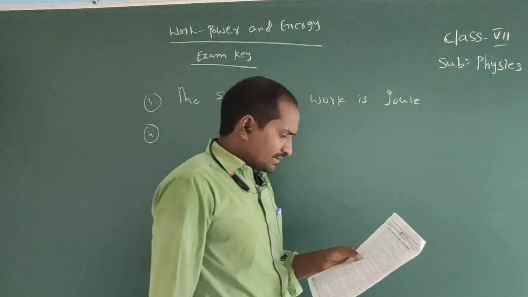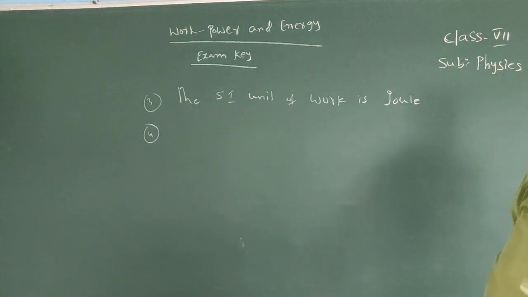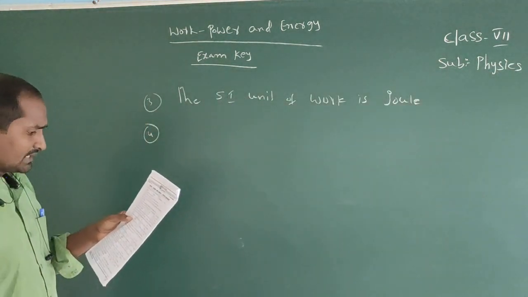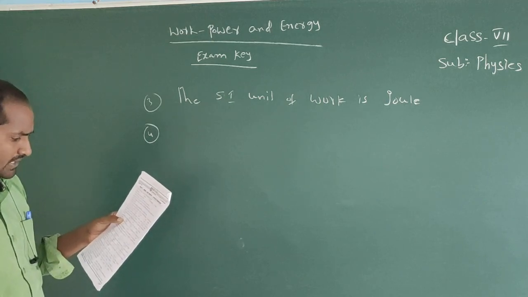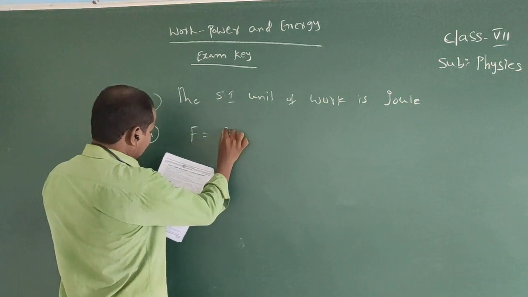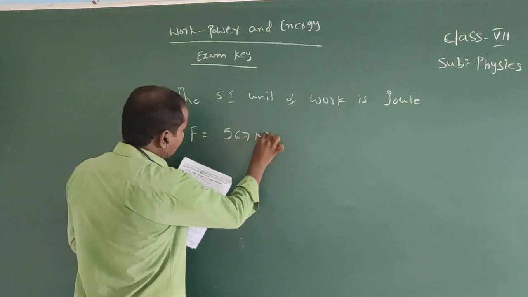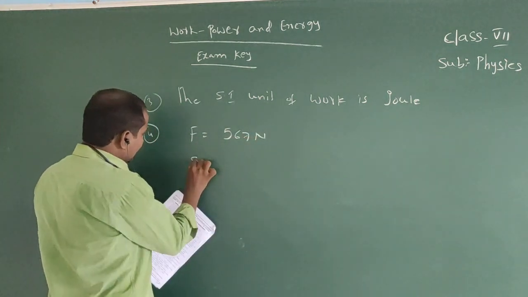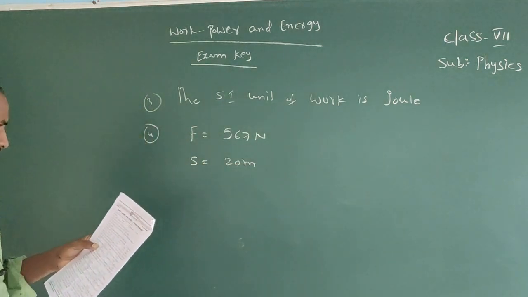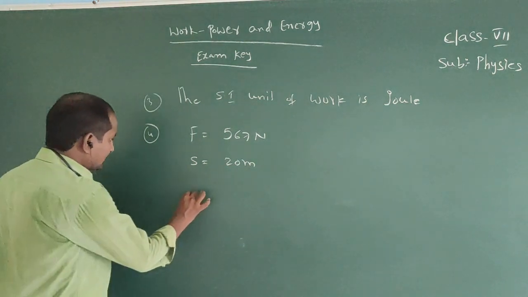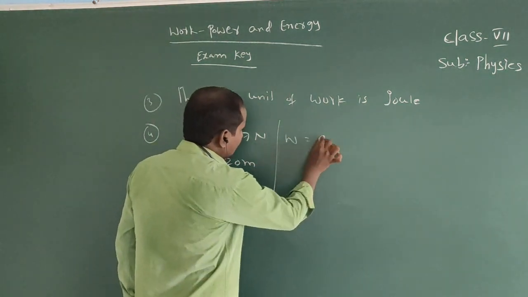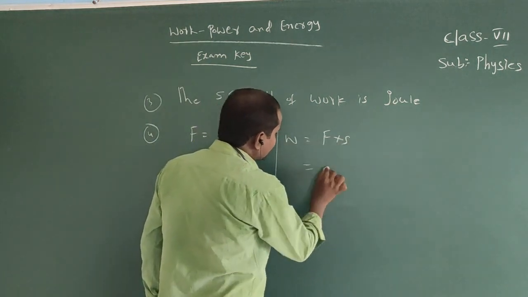Calculate the amount of work done when a force of 567 newtons moves a body through a distance of 20 meters. So force is given, equal to 567 newtons, and S is given, equal to 20 meters. Then finally, work done equals how much? We know that work done equals the product of force and displacement.